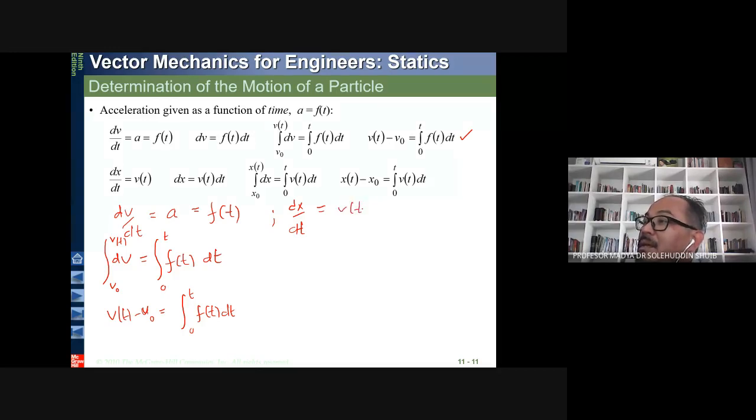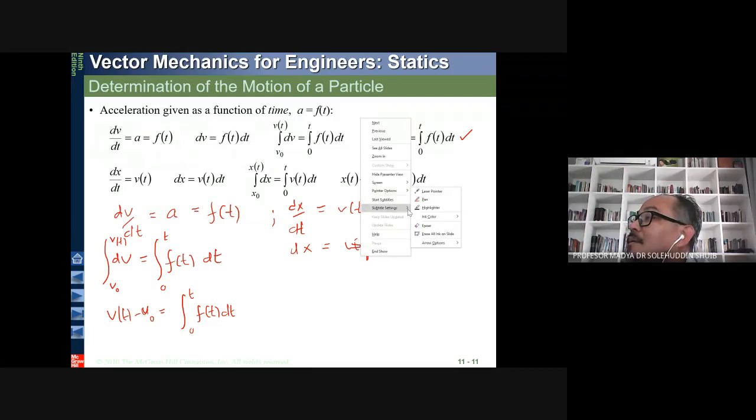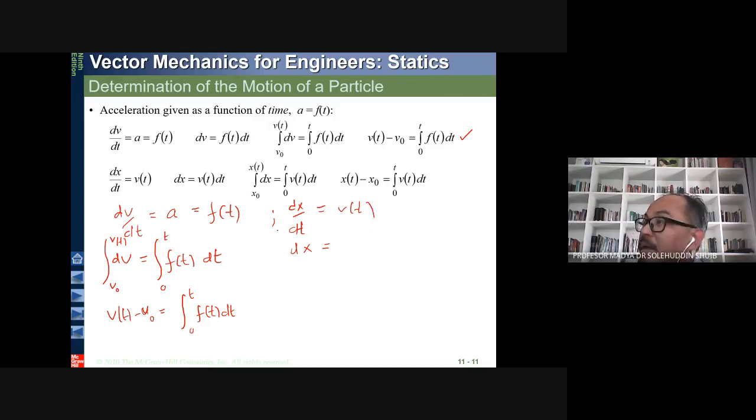So we cross multiply both sides, you get dx, and we have dt.